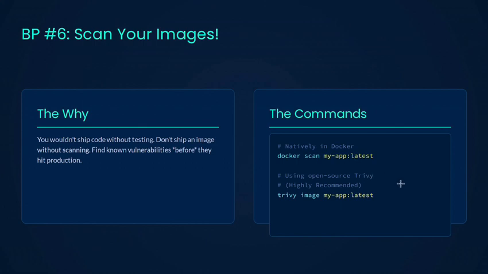Or you can use fantastic open source tools like Trivy. Just run trivy image my-app:latest, and it will give you the full report of all known vulnerabilities in your base image and packages. This allows you to fix them before they ever get to production.